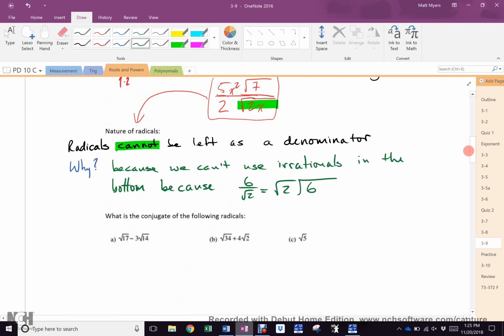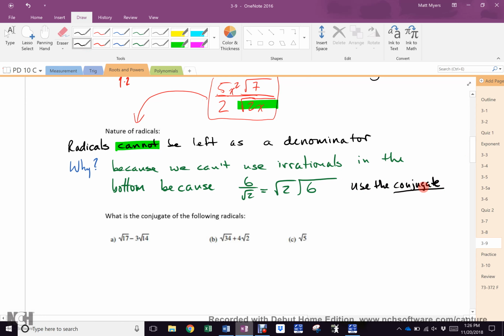Now, I cut Suhani off like a meanie. Suhani, how do I fix it? You multiply by the bottom, so you would get 6 root 2 on top and then 2 at the bottom. Yes, exactly. What you do here is you use the conjugate. And you're about to learn what that is.